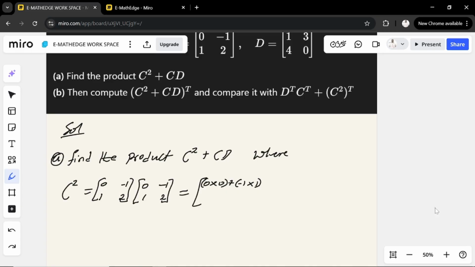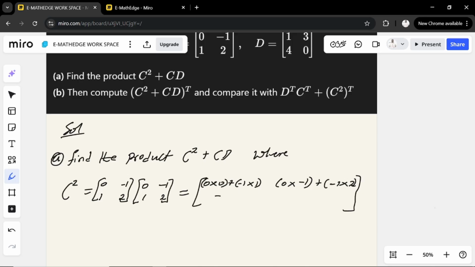So it's going to be 0 multiplied by -1, plus -1 multiplying 2, and this will give us the element in the first row, second column.